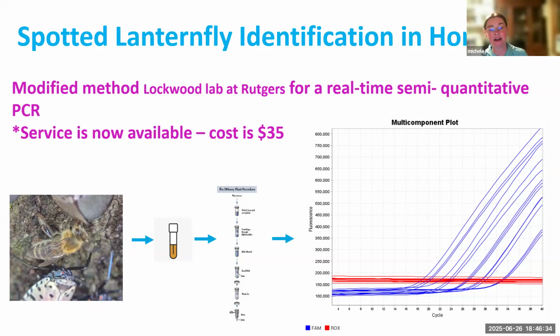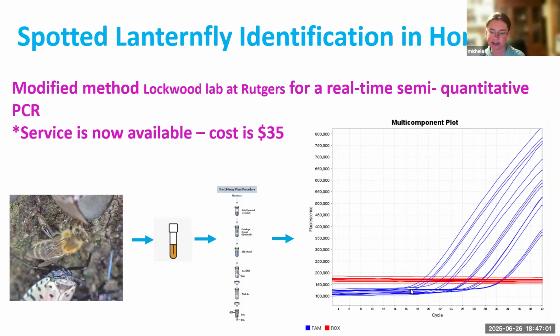Basically how this works is that when you go through each round of photocopying, which is what these numbers are telling you, it says cycle down here at the bottom, depending on how much DNA of the spotted lanternfly, because that's what this is specifically looking for, the more DNA you have in your sample, the sooner it's going to show up.